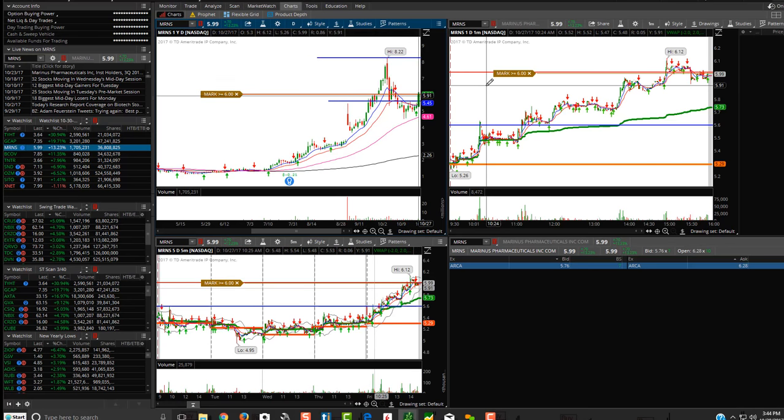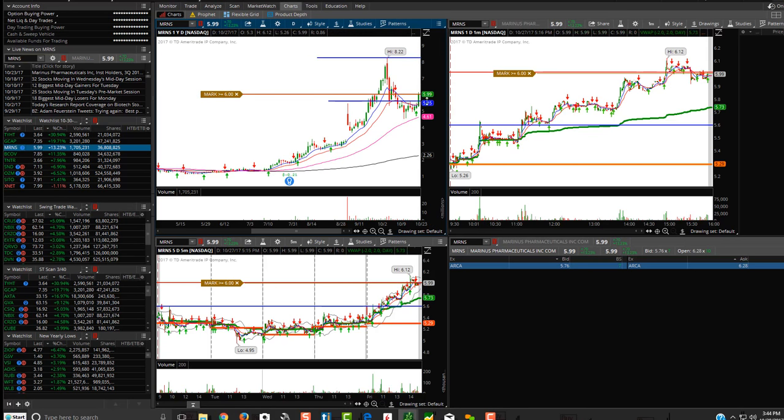So anything like 50 cents, $1, $1.50, $2, $3, $3.50, $4, $4.50, those are all psychological support and resistance areas. There's lots of profit taking that happens at those areas, and those are usually huge areas of resistance, as well as when price falls down to those levels, those become huge areas of support.